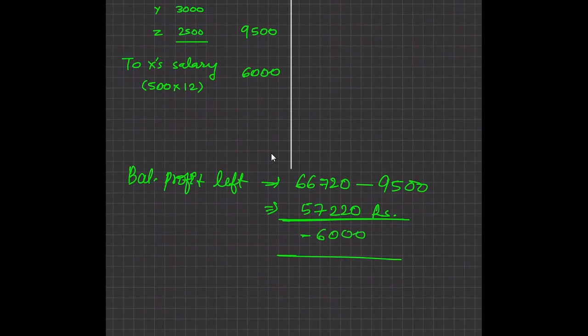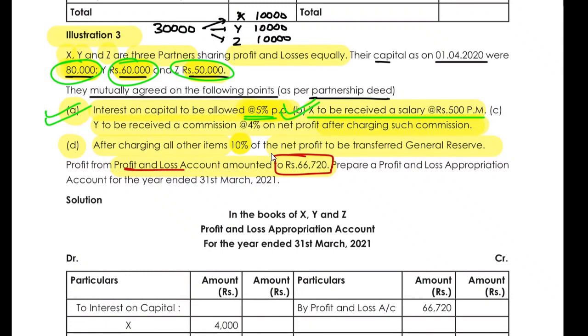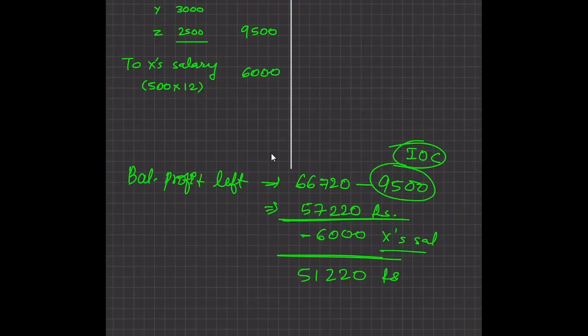Now what is the balance left? It is 51,220, because this has gone to X salary, and 9,500 went to interest on capital, that is called IOC. Okay, then we have the third adjustment. Y is to receive a commission of 4% on net profit after charging such commission. So beta, there are two cases.